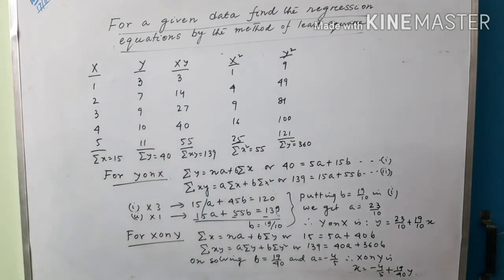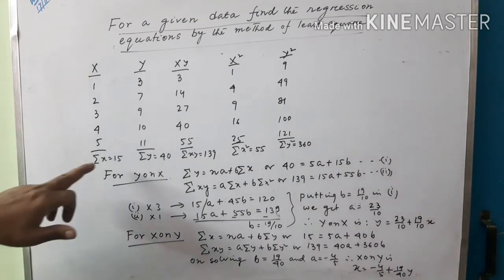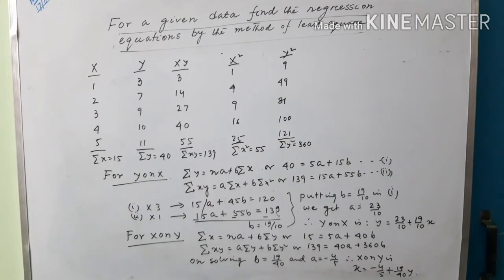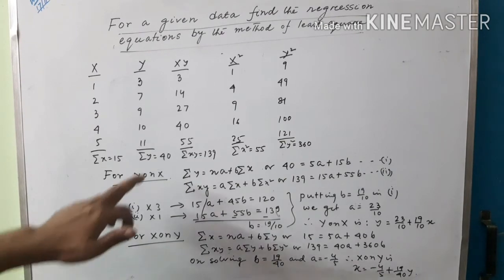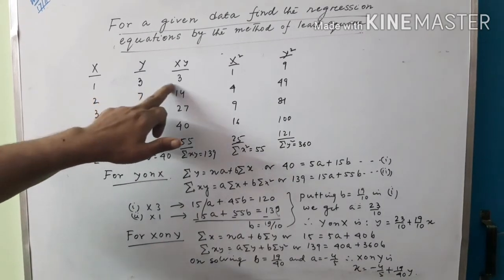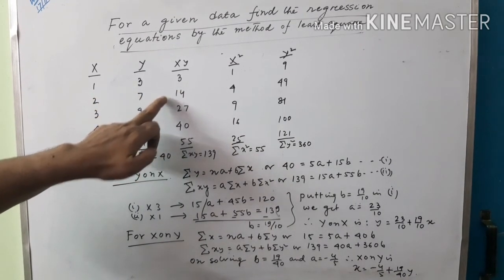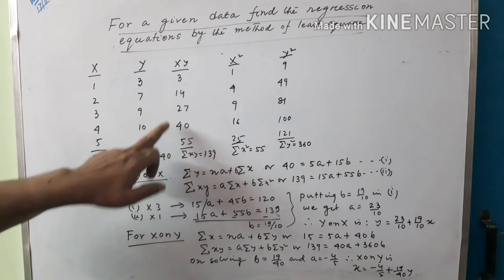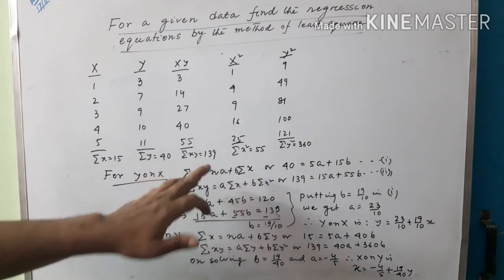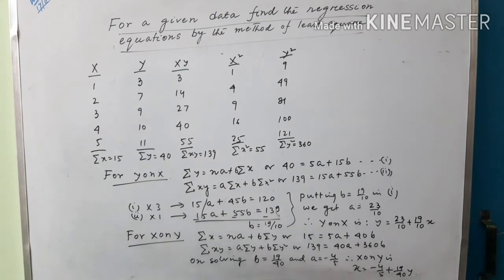See that x has values 1, 2, 3, 4, 5, sigma x is 15. Similarly y has values 3, 7, 9, 10, 11, sigma y is 40. For xy: 1 into 3 is 3, 2 into 7 is 14, 3 into 9 is 27, 4 into 10 is 40, 5 into 11 is 55, where we get sigma xy equals 139.